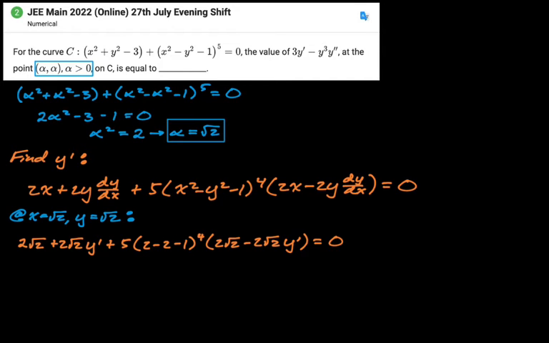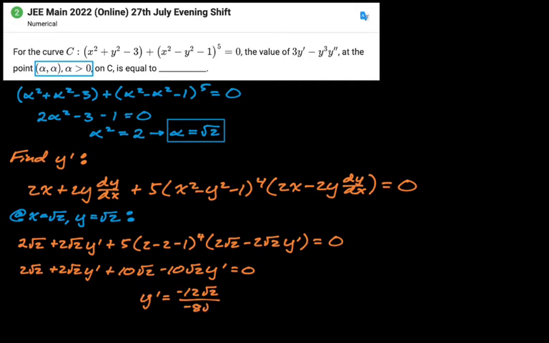Simplifying this, I'm not going to make you watch that. I got 2 root 2 plus 2 root 2 y prime plus 10 root 2 minus 10 root 2 y prime equals 0. Solving for y prime, y prime is negative 12 root 2 over negative 8 root 2, which is just 3 halves.